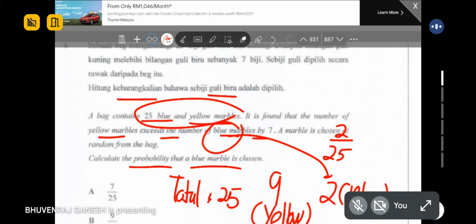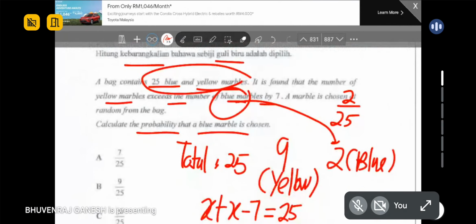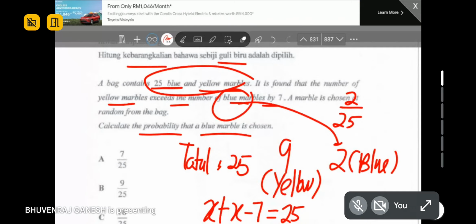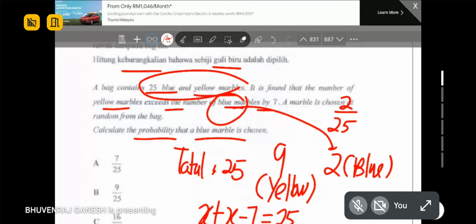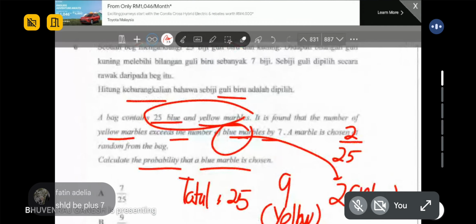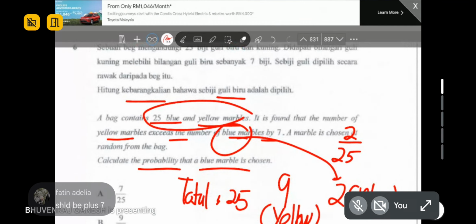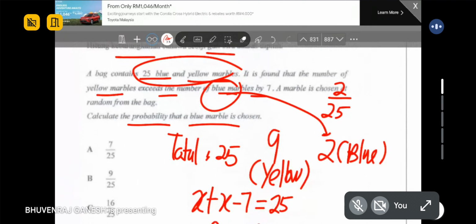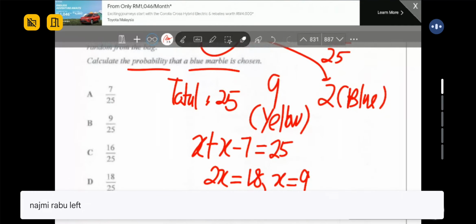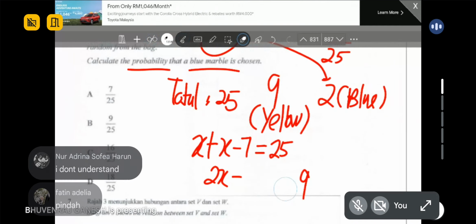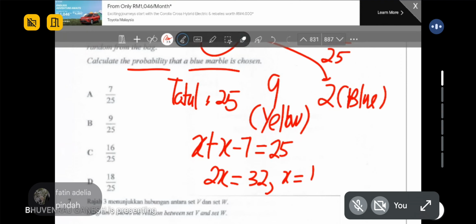Did I make mistake? Number 6. Boy means yellow, right? X minus 7. 2x equal to 18. Sorry. Mistake. Sorry. Saya buat silap. This is the problem with mental sometimes lah guys.